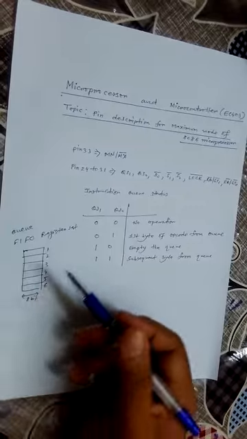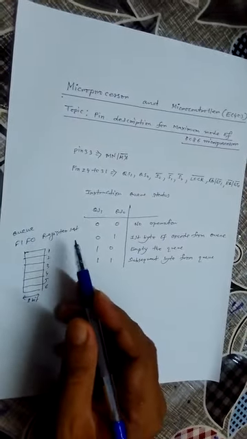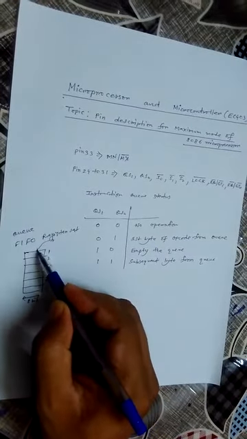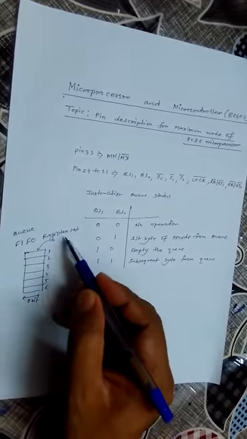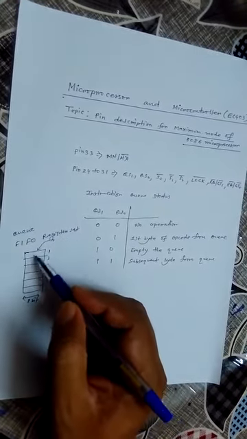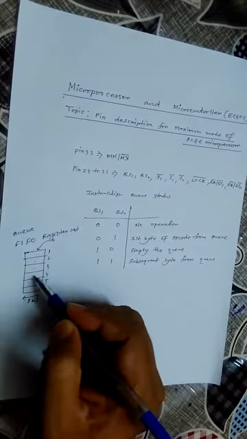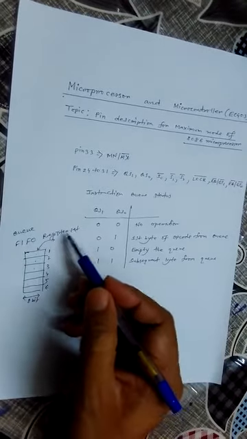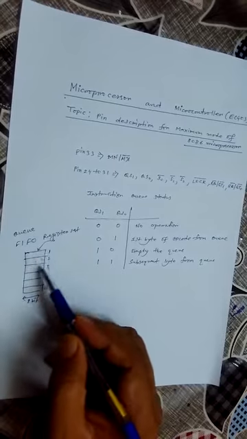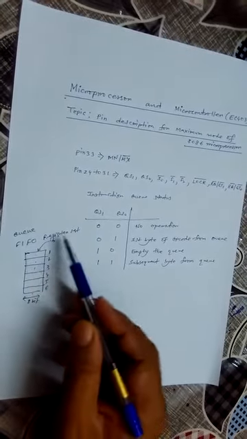Just remember that if you consider one instruction of 3 bytes, first the opcode will enter, then the next operand or the address will enter. After that the next instruction will enter.